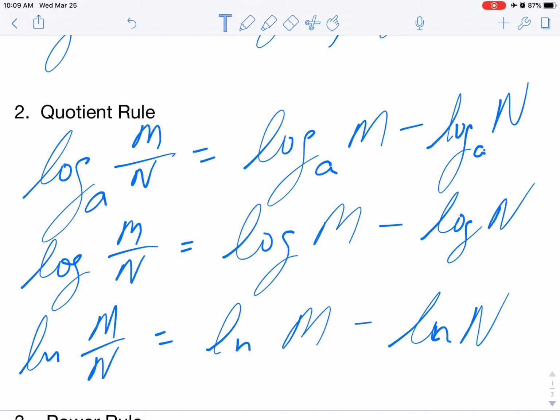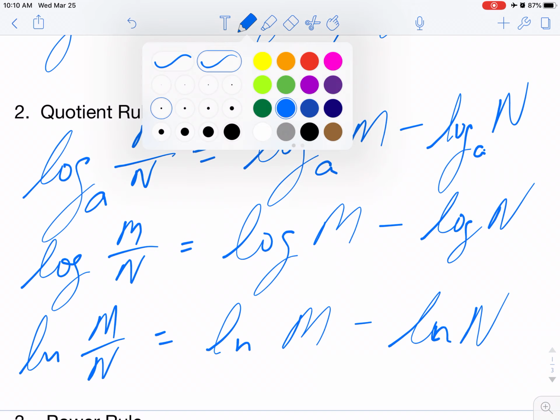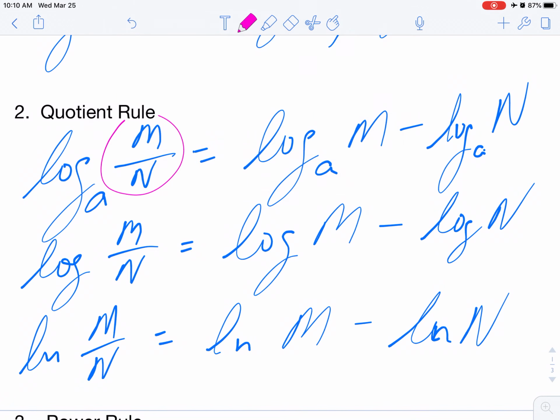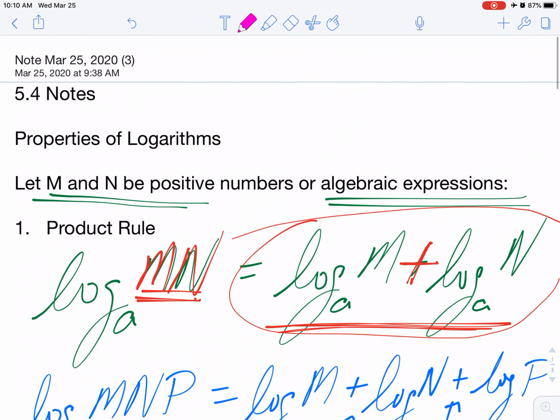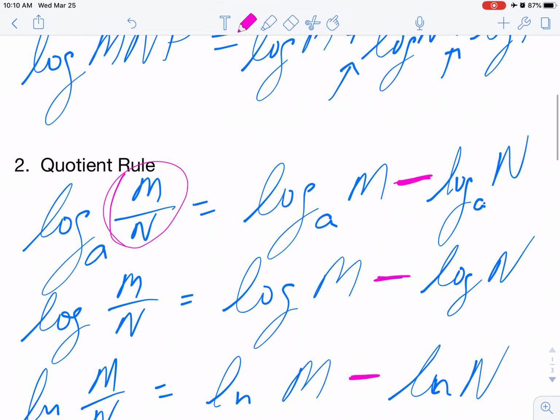So again, the thing to notice here, I think, is that you start with a fraction. A fraction is a quotient, it represents division. So when you have this fraction, you break it apart with a minus. You notice all these had a minus, whereas the previous one had a plus.